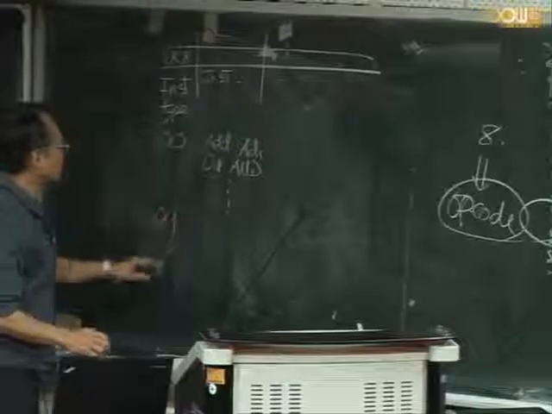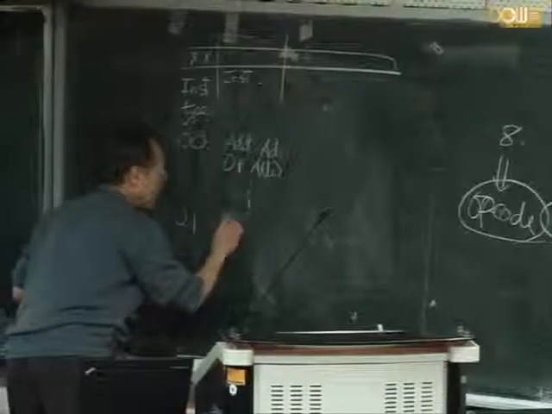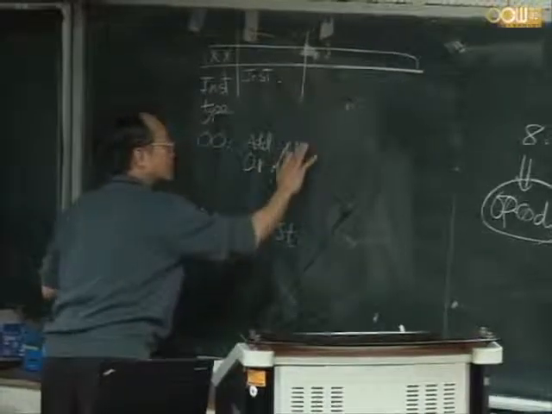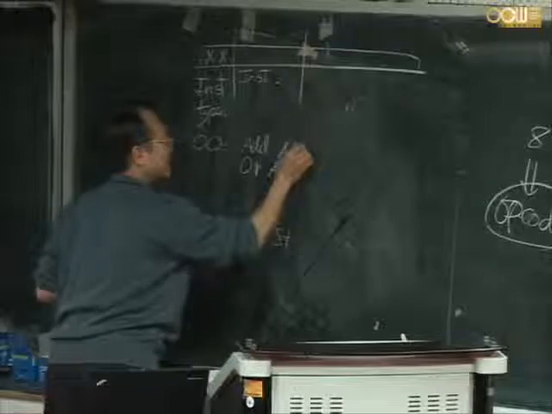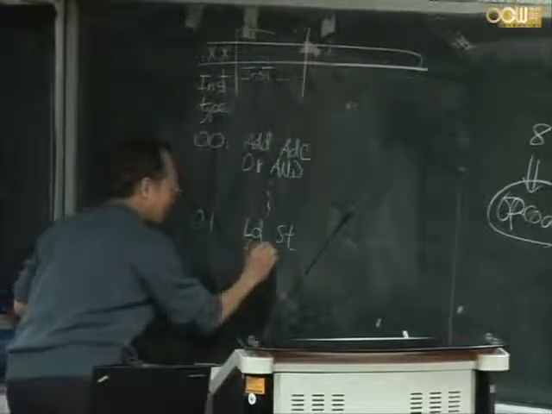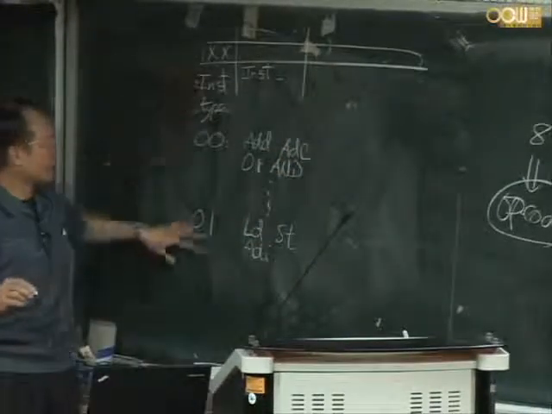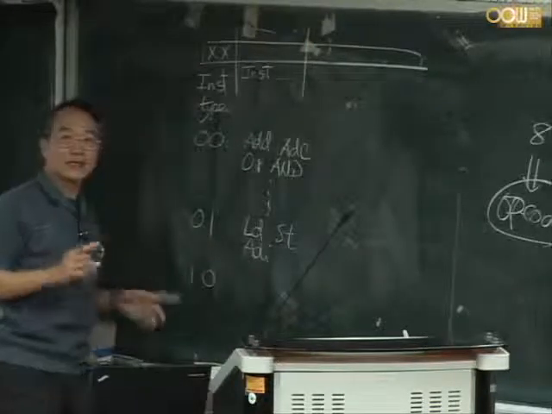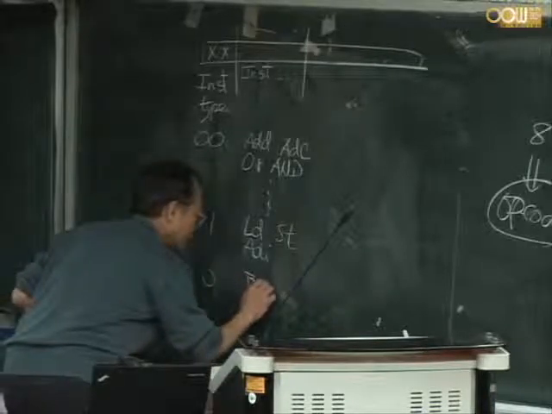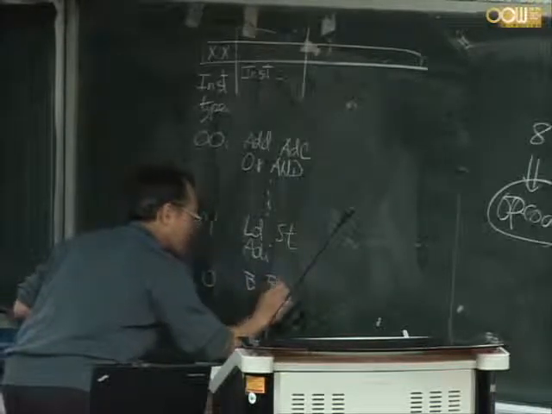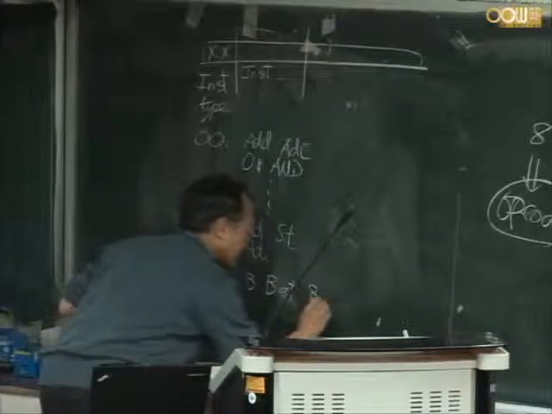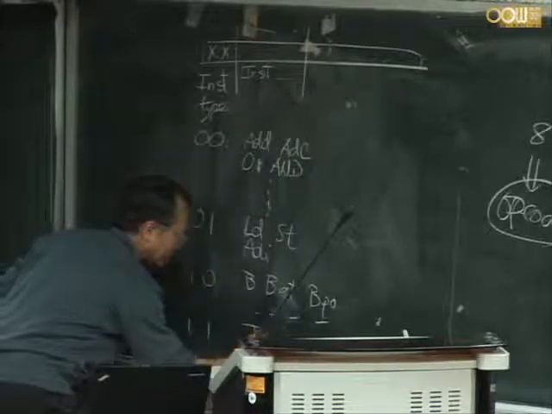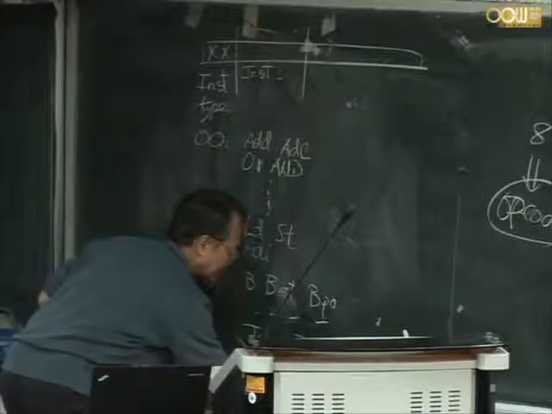However, for type 01, I have load, store, or add with carry. And this is add with immediate, because this is the immediate type, supposedly. And for 10, that's the branch. I have branch always. I have branch if greater. I have branch if positive. I have branch if whatever. And for the 11 type, I have jump, and I have jump and link.